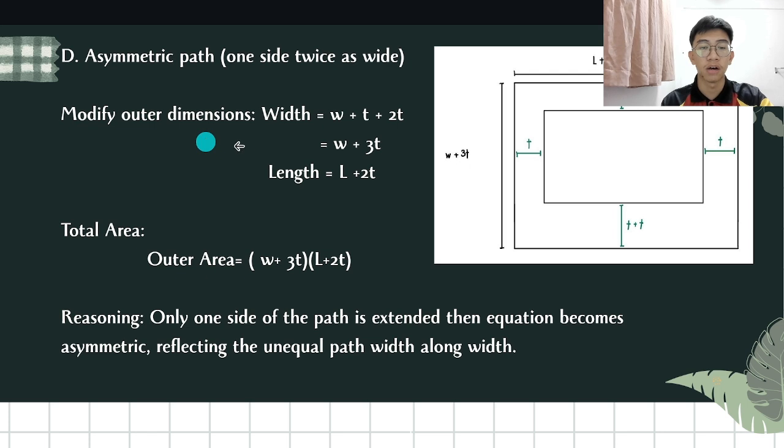So the modified outer dimension is W plus T plus 2T, then we got W plus 3T for the outer width. Then the length is still the same, L plus 2T, and the total area is here for the new equation. So only one side of the path is extended, that equation becomes asymmetric, reflecting the unequal path width.